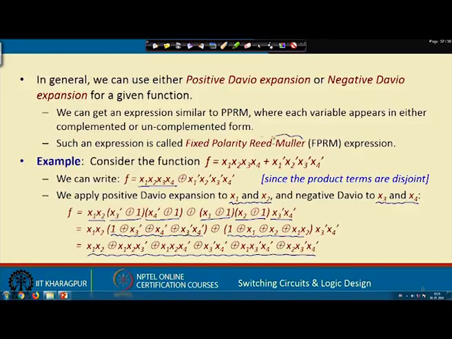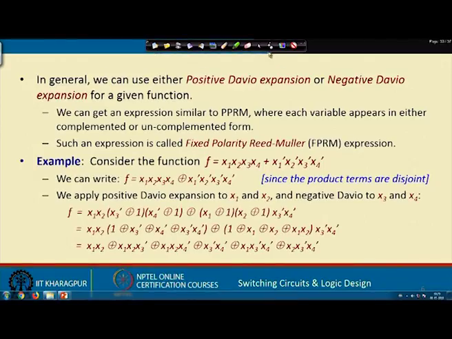So, you have a fixed polarity Reed-Muller expansion where the variable can be either complemented or uncomplemented, but not both. Okay. This is what you can have.